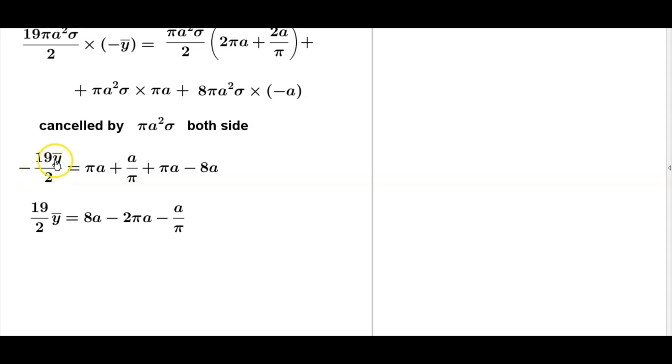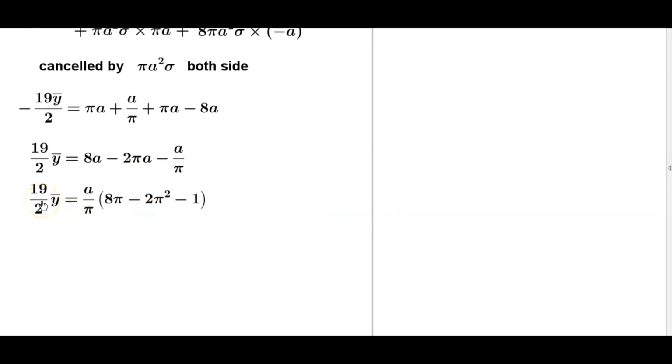Minus 19 y bar by 2 is equal to 8a, minus 2 pi a, minus a over pi.